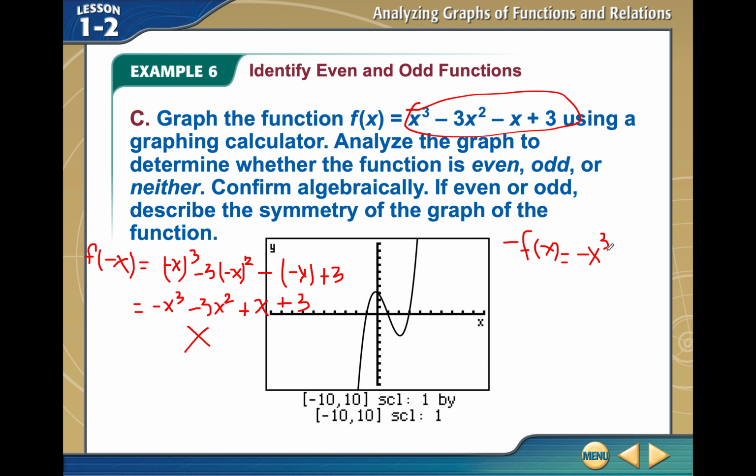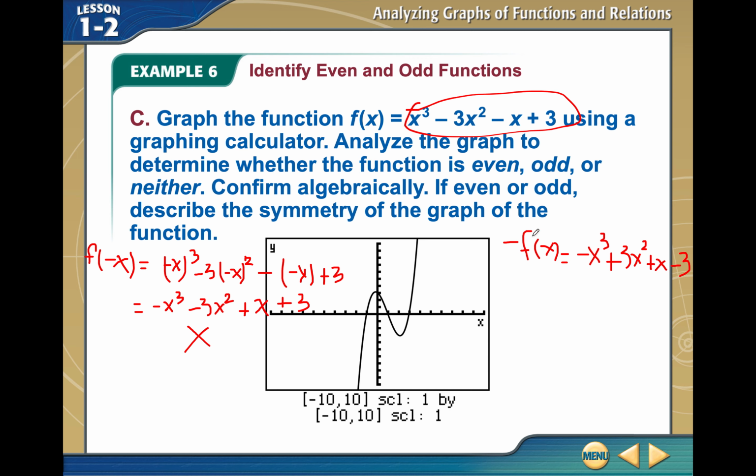Negative 3x squared now should become plus 3x squared. Negative x should become plus x. And plus 3 should become minus 3.